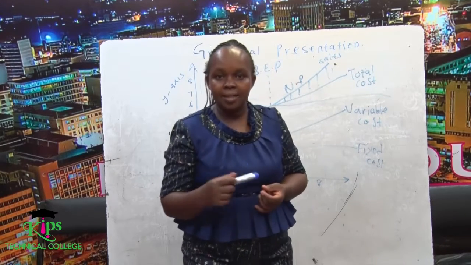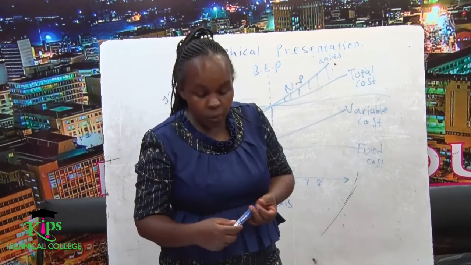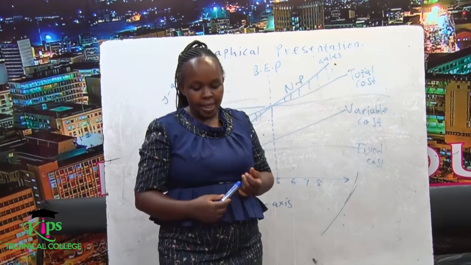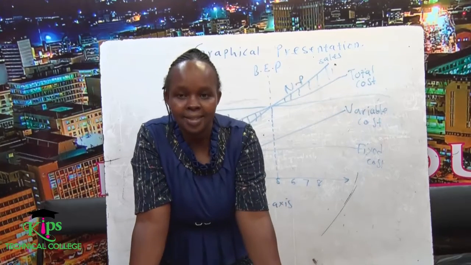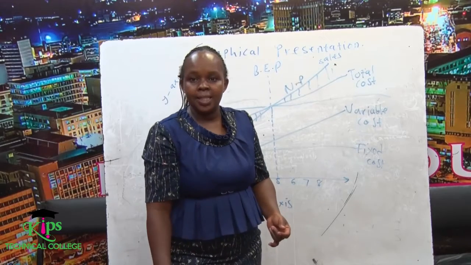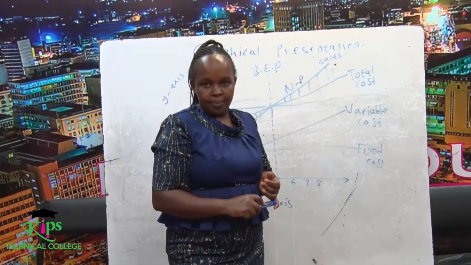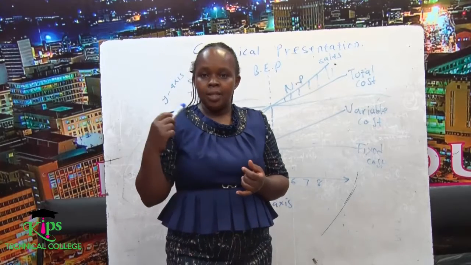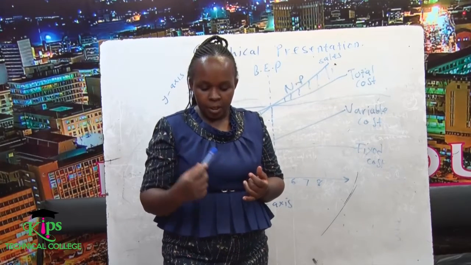You need also to ask yourself this question: what level of sales is required for a particular unit to achieve an excess net profit? And how did we say we calculate net profit? The net profit is equal to total sales minus total cost.